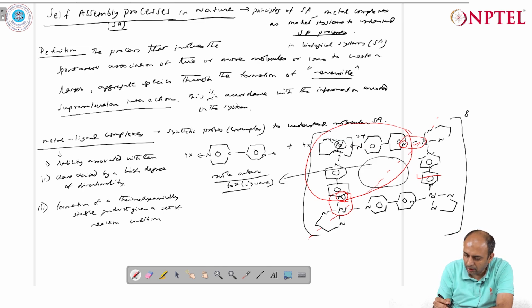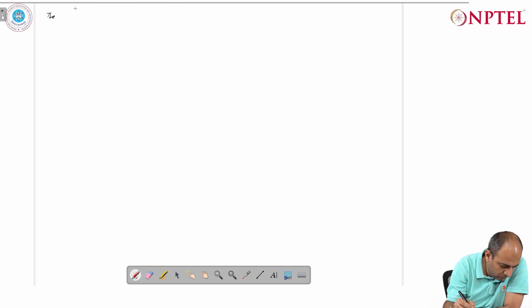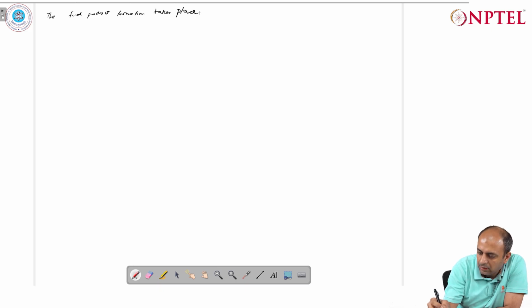So, keeping in mind these features associated with metal ligand complexes, let us look at the other characteristics of self-assembling systems. So, the final product formation takes place in a series of steps.